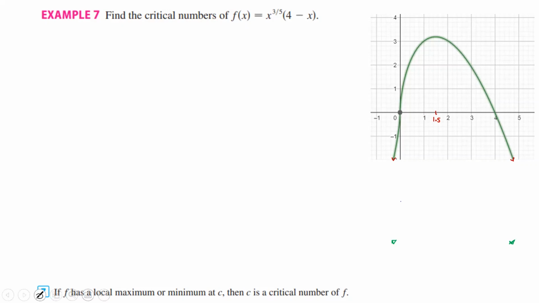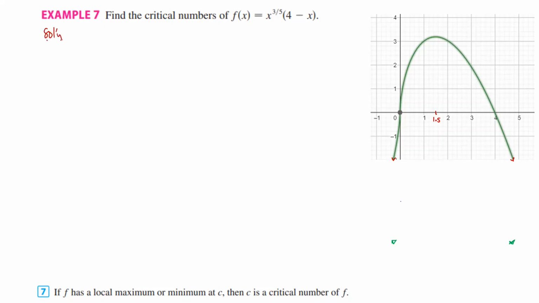Well, according to the remark a while ago, we are told that if you have a local maximum or minimum, you are sure to have a critical number. And because this is a local maximum, then you must have a critical number there. But we're not yet sure if this is really 1.5. Maybe this is 1.4 something, but let's check, okay?